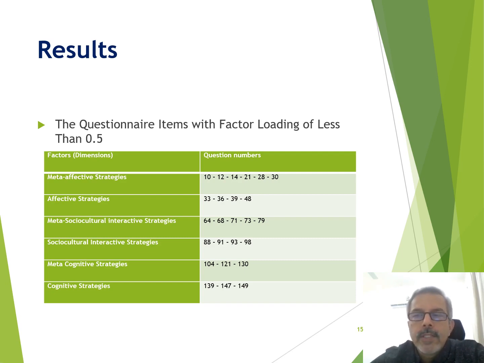It is worthy of note that the factor loading of each item on the relevant construct should be above 0.5. In this table, you can see the items which were below that critical value, which is 0.5, so some items were excluded from the final version after that validation.